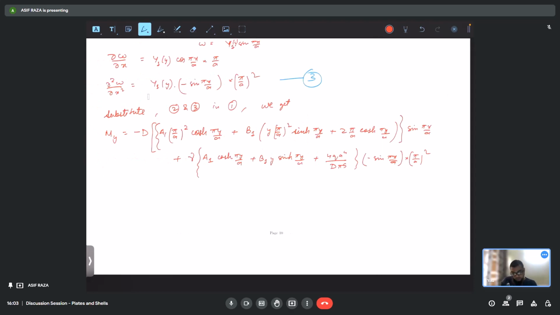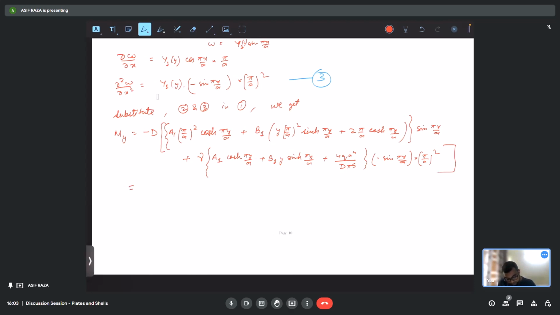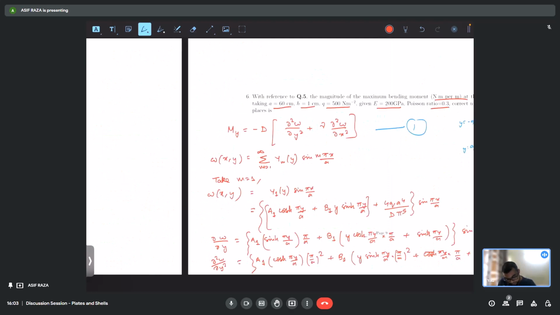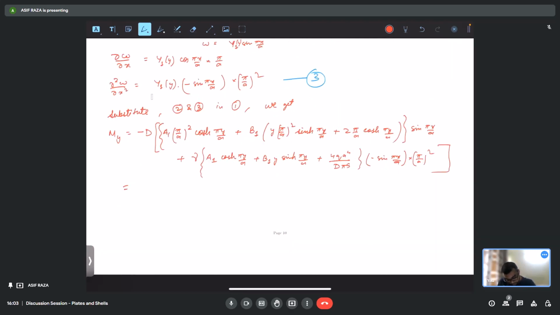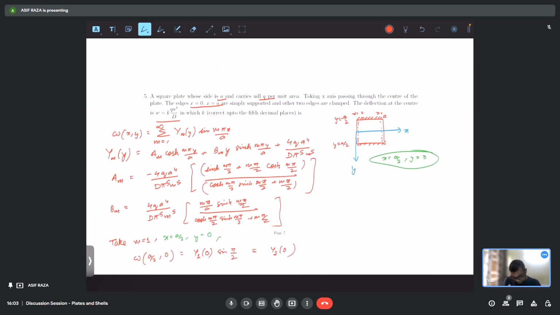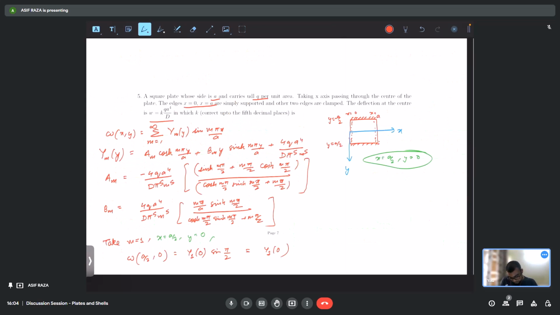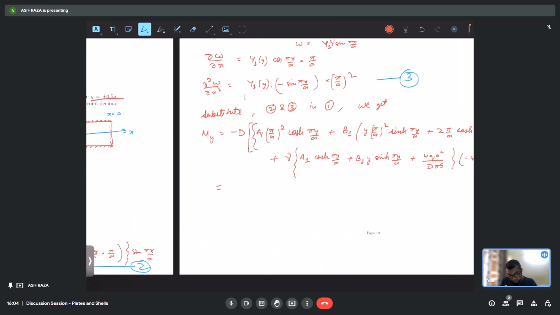So this is something we need to simplify. So we can again write it as, so what do we have as a1?